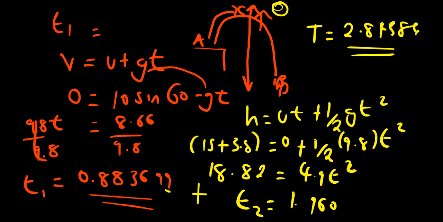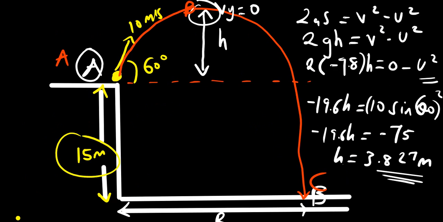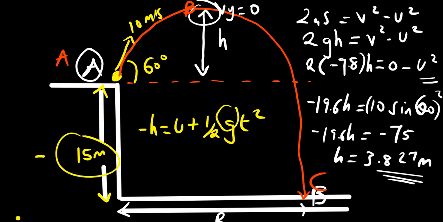Now method 2, the other method that we could have used is, this is our height, right? In this case we're going to set it to be negative. We're going to say negative h is equal to u plus half gt squared. Because it's moving in the opposite direction, your g will be negative and your height will be negative.